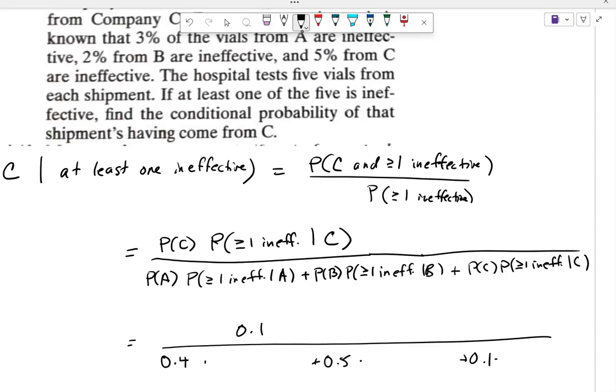We know that if it comes from A, we are testing 5 vials. And we want to know if at least one of them is ineffective. Well, again, in this case, at least one would mean 1 or 2 or 3 or 4 or 5. That seems harder to compute. What should we compute instead? Yeah, 1 minus x equals 0, right? So let's do 1 minus for each of these.